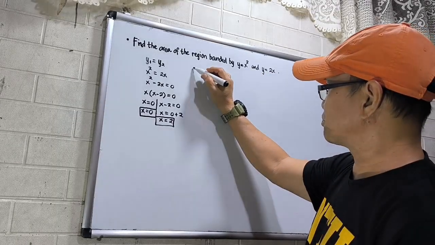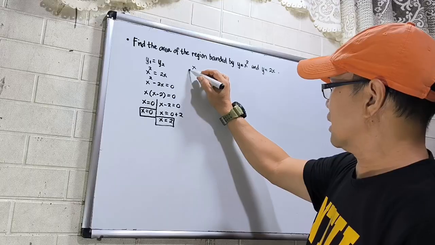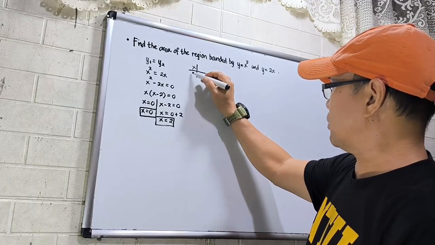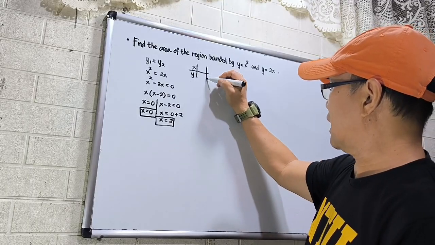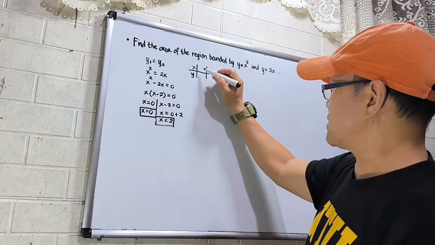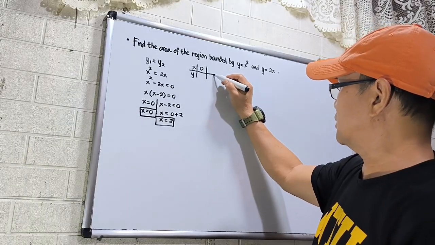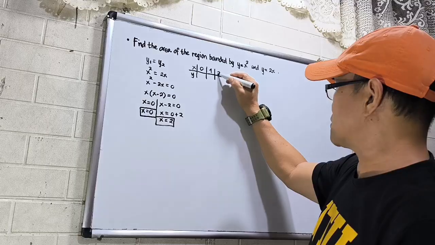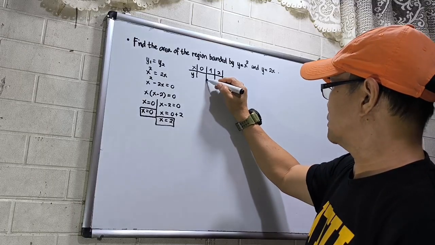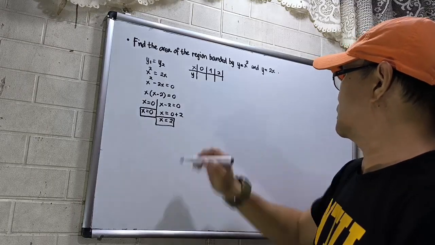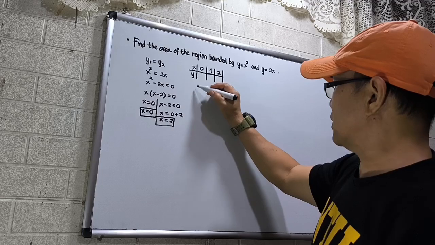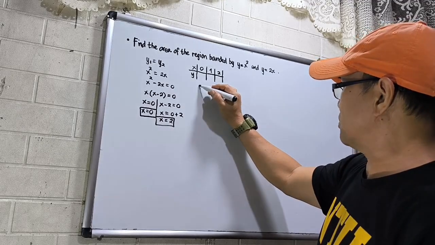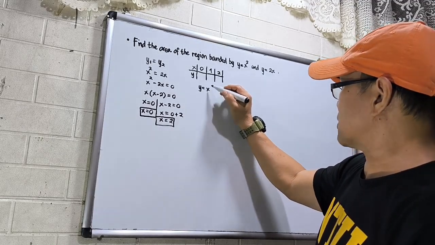I will tabulate x and y. Since x will be 0, I will start at 0, followed by 1, and then 2. For the curve, y equals x squared.